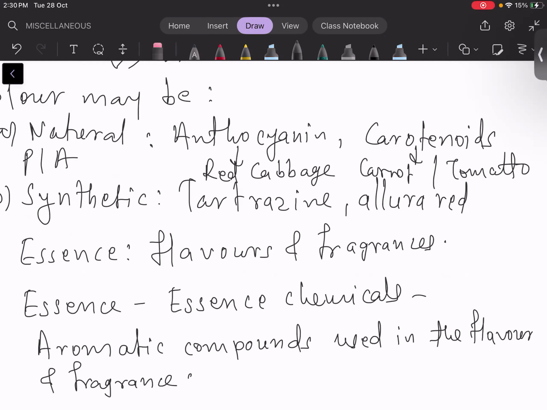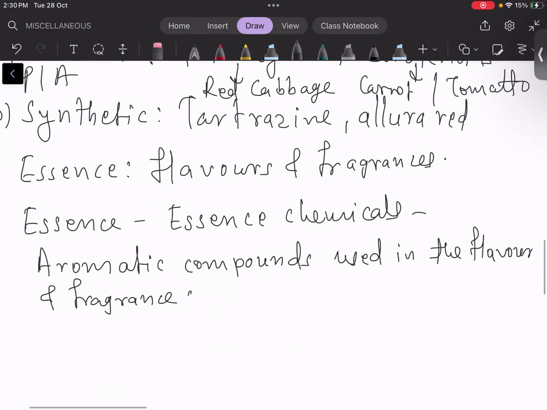Okay. Now, essence chemicals include aromatic compounds. These are chemicals, often with a strong aroma, meaning smell, that are used to create the scents and taste in the products.